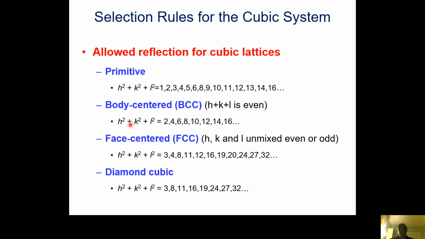So if you get h squared plus k squared plus l squared, that is 2. That way you can get only these numbers.